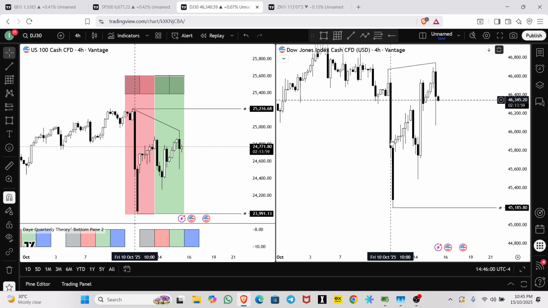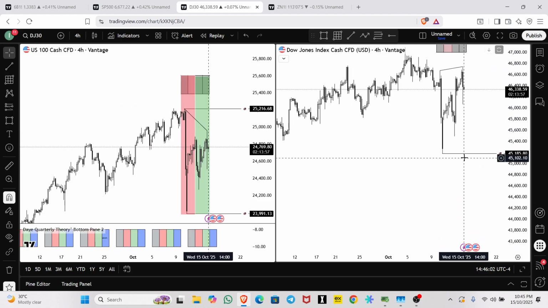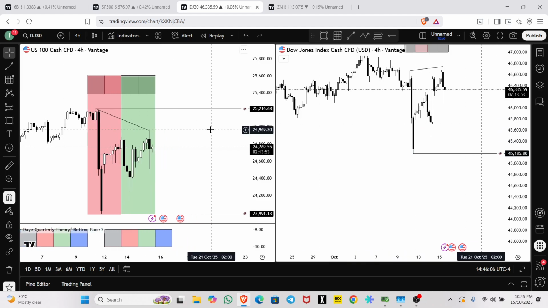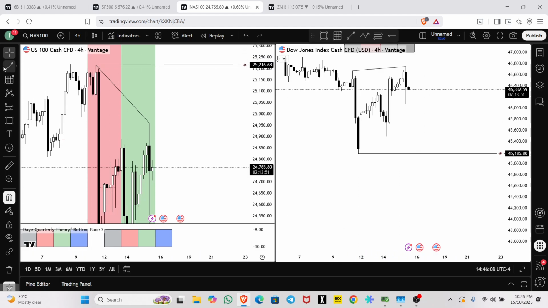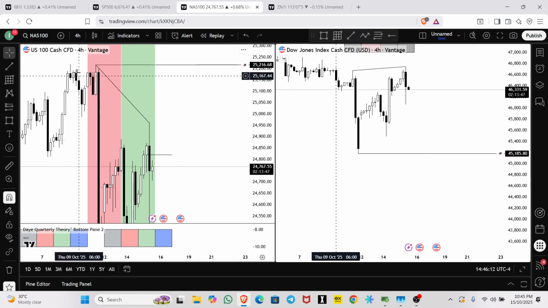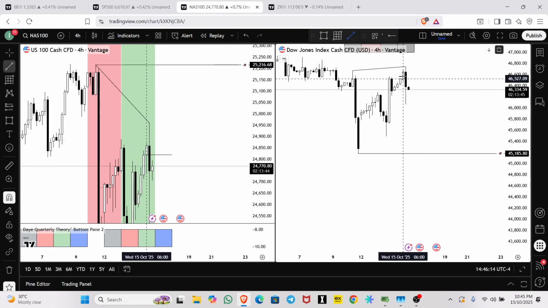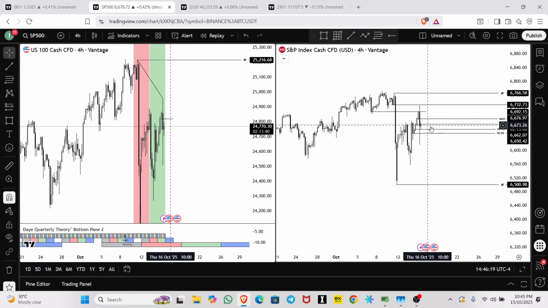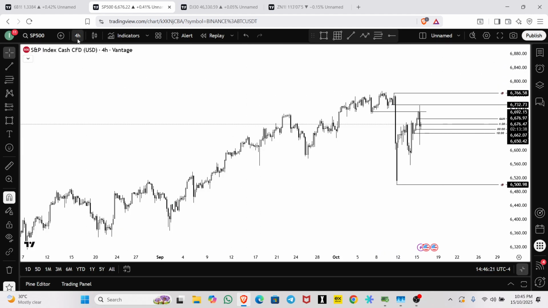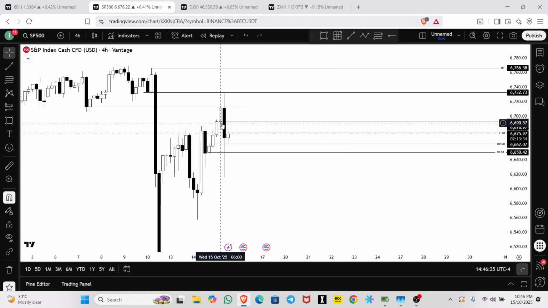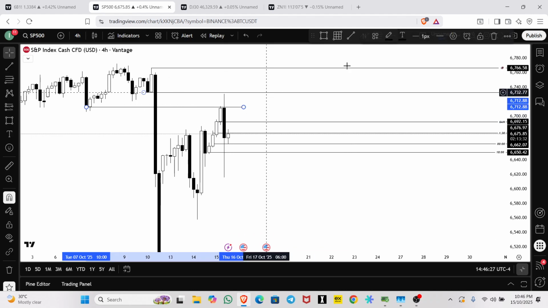We are in the premium of this zone. We have a clear drawn liquidity, which is right there, or maybe this low, right? And we have a change in the state of delivery right there. In the Dow, it's right there. And even in the S&P, we have one, right? This one right there. So don't mind all these lines.